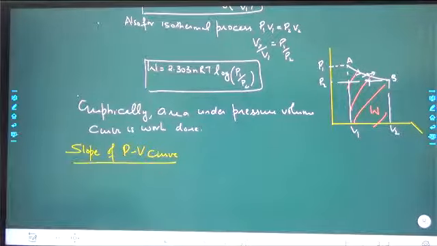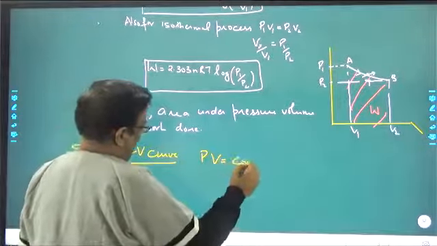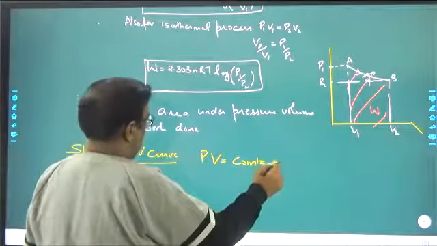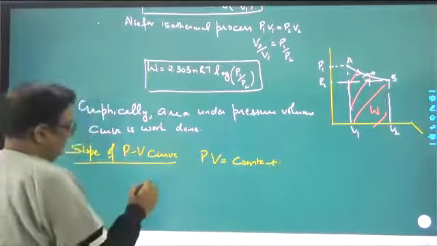Therefore, from the ideal gas equation, the isothermal process can be represented as PV is constant.